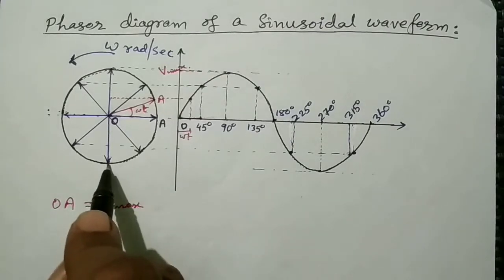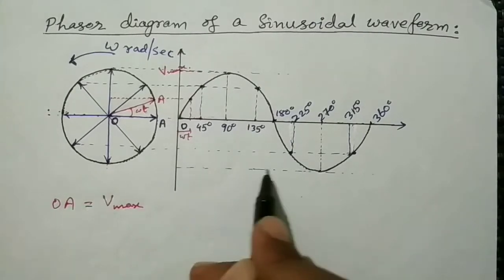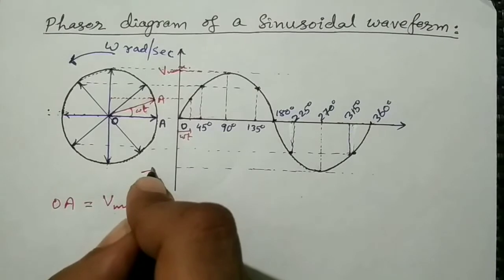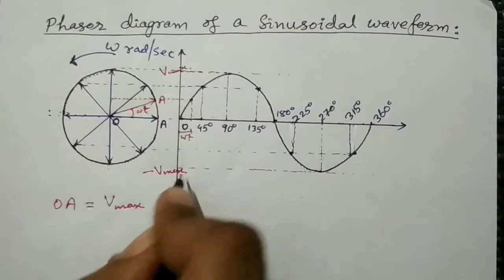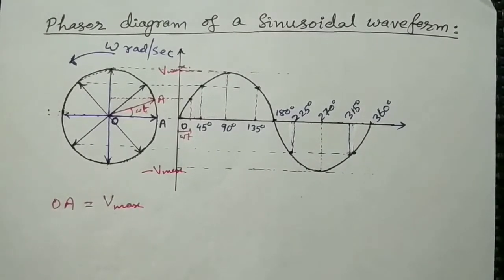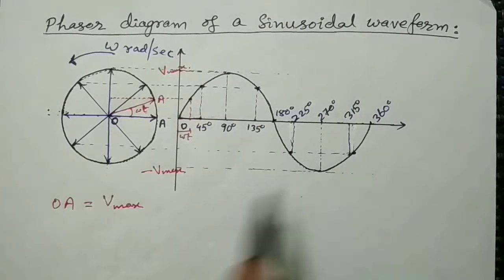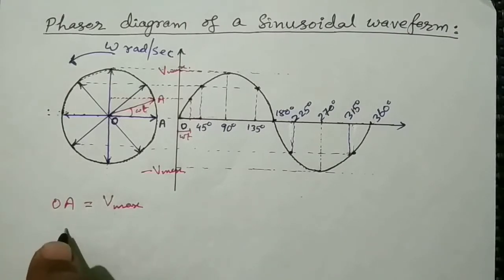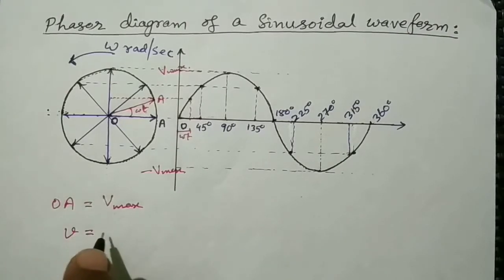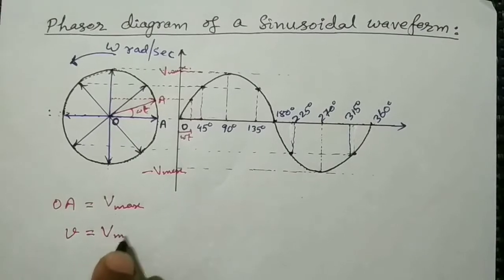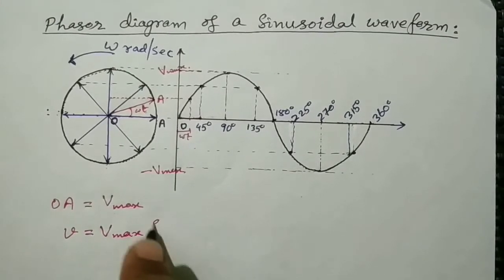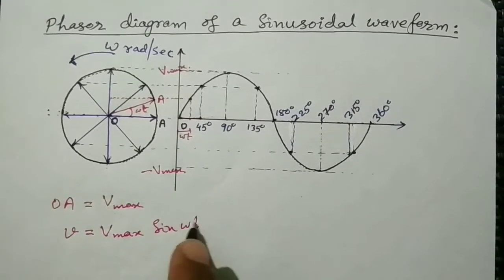Similarly, at 270 degree, the value will be minus Vmax. So ultimately, we can consider this waveform is for a purely sinusoidal voltage whose instantaneous value can be represented as V equal to Vmax sin omega t.